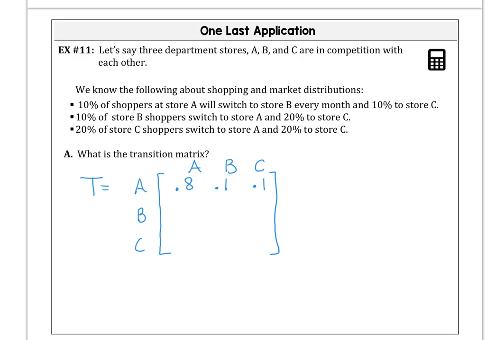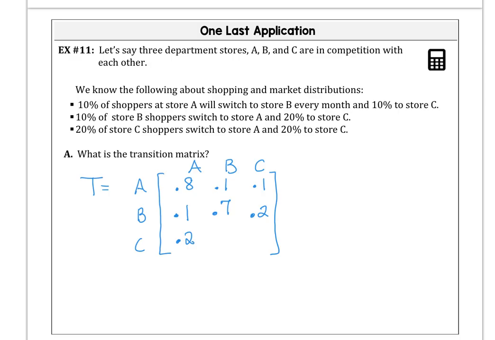For B, 10% of shoppers at B will switch to store A and 20% to store C. So that leaves 70% staying at B. And 20% of store C shoppers will switch to store A, and 20% will switch.